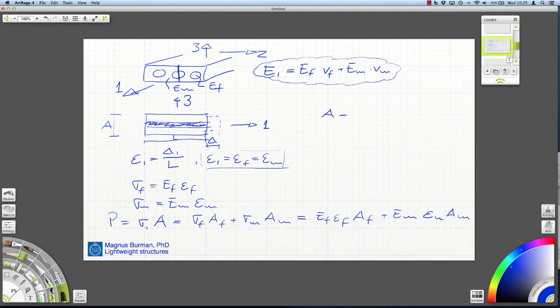The total area is made up by the area of the fiber plus the area of the matrix. If we divide this by the full area, that is an area fraction, or volume fraction if you so want. So the volume fraction of the fiber plus the volume fraction of the matrix is 100%. That is 1, of course.